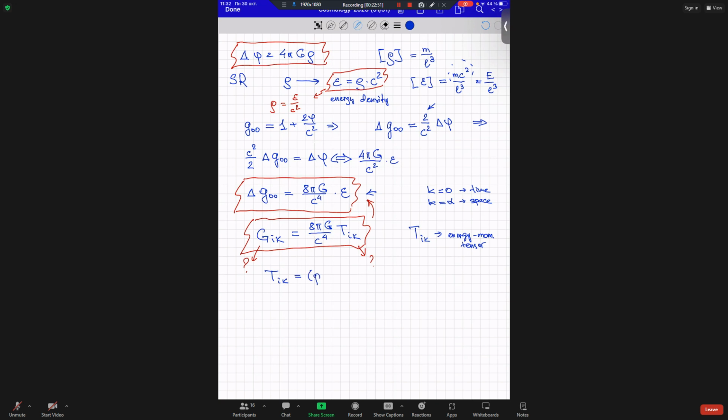So this is (P plus epsilon) u_i u_k minus P g_ik, where P is pressure. You should remember this from your lectures before, for example, lectures on electrodynamics or hydrodynamics. Where u_i is the four-dimensional velocity.